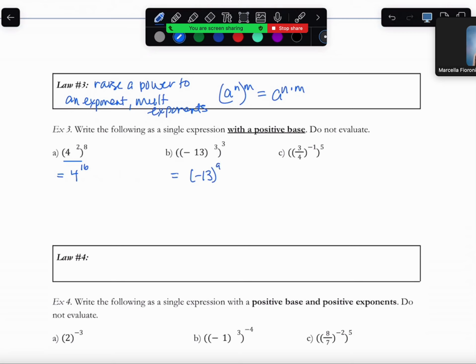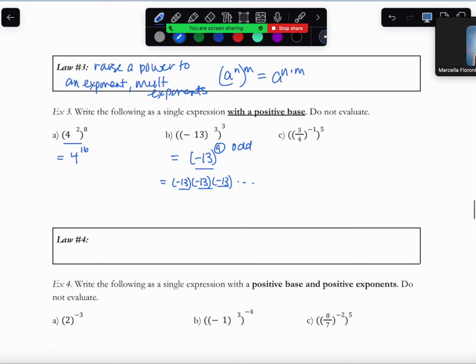Okay, and then what do I mean by written as a positive base? Well, when I look at this, negative 13 to the power of 9, I know that is an odd exponent, and I could write this out as negative 13, negative 13, negative 13, for 9 times, and that would make it a negative base. Here I have negative 13 as my base, which is a negative number.